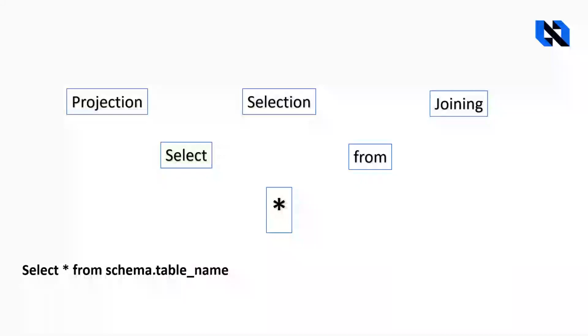Let's assume I want to get all the employees' records from a table called employee. However, the employee table belongs to the HR schema. So I need to specify who the owner of the employee table is, which is HR, the schema.